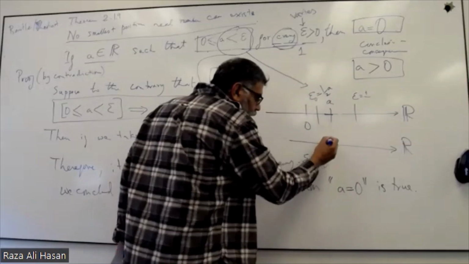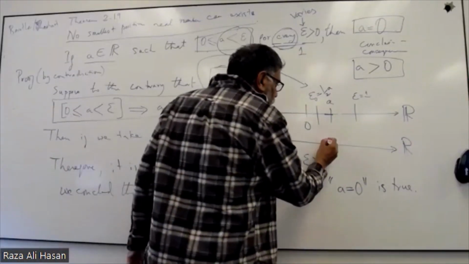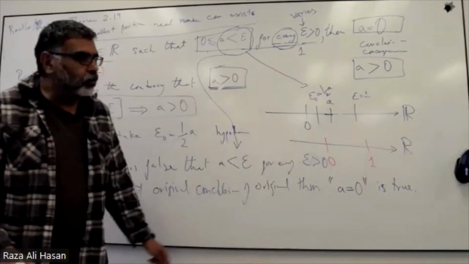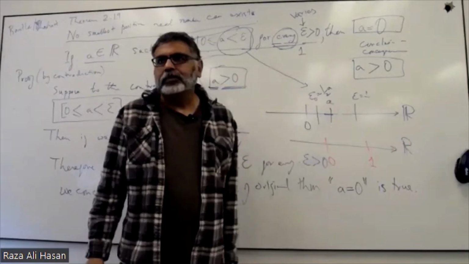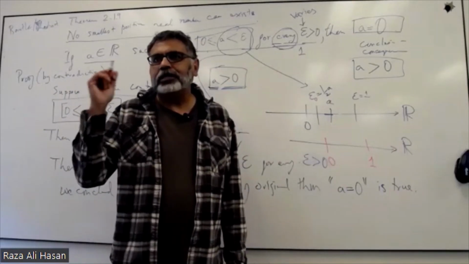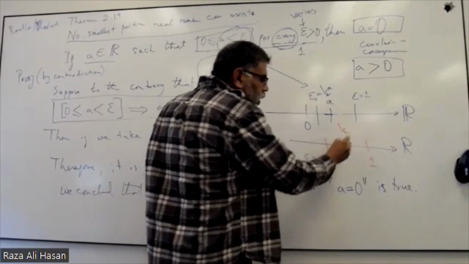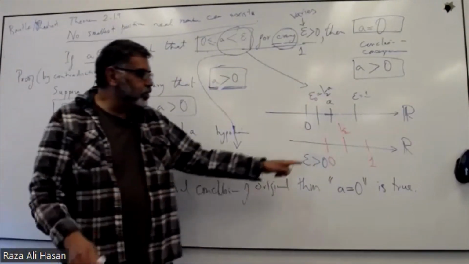All right, so we have 0 here. I've got 0 here. Let's start at 1. And we are looking at all the real numbers between 0 and 1. So let's find the smallest real number. I'm going with half. And I'm going towards left, towards 0.